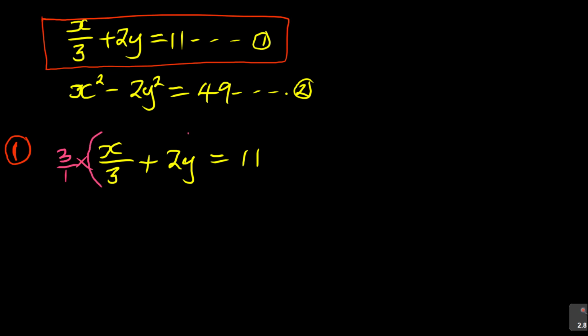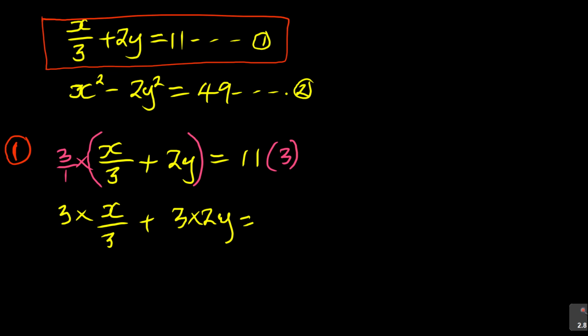So you have 3 times x over 3 plus 3 times 2y is equal to 11 times 3. Because of the plus or minus, the 3 is distributed evenly to each item. That's how you get rid of that. So you have x plus 6y is equal to 11 times 3, which is 33.